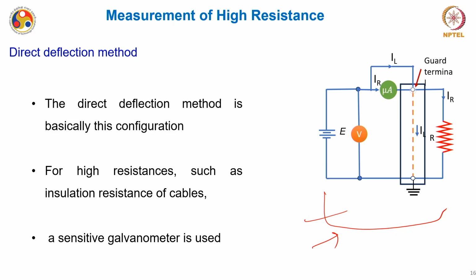So this guard terminal configuration is basically the direct deflection method for measuring high resistances. For high resistances such as the insulation resistance of cables and, say, reverse bias of semiconductor PN junctions, you require a very sensitive galvanometer, because your current levels are very low.